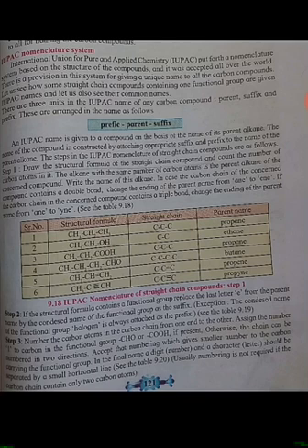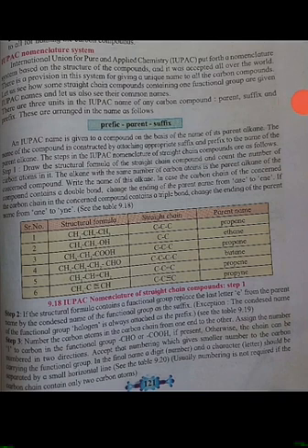When the double bond is formed, the parent name changes to propene, and when the triple bond is formed, the parent name changes to propyne. So you must learn it carefully.